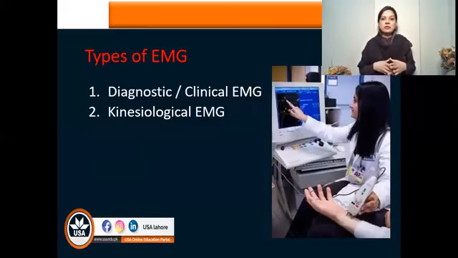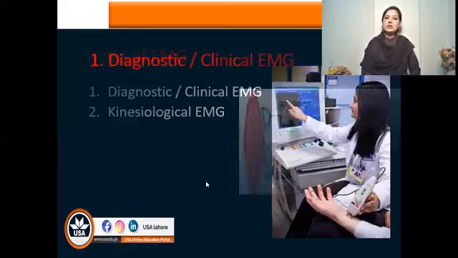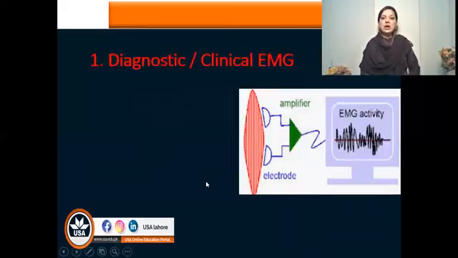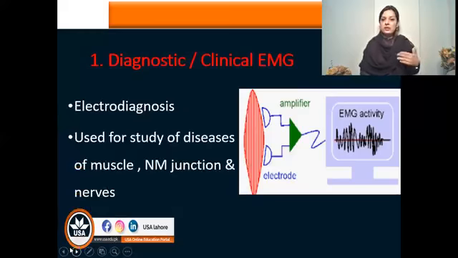There are different types of electromyography, like the one used for diagnostic purposes, or clinical EMG, and the other one is kinesiological EMG. What's the difference between the diagnostic and kinesiological EMG? I'm going to tell you. Diagnostic EMG is for the purposes of electrodiagnosis. We use it for the study of diseases of the muscle, the neuromuscular junctions, and the nerves.